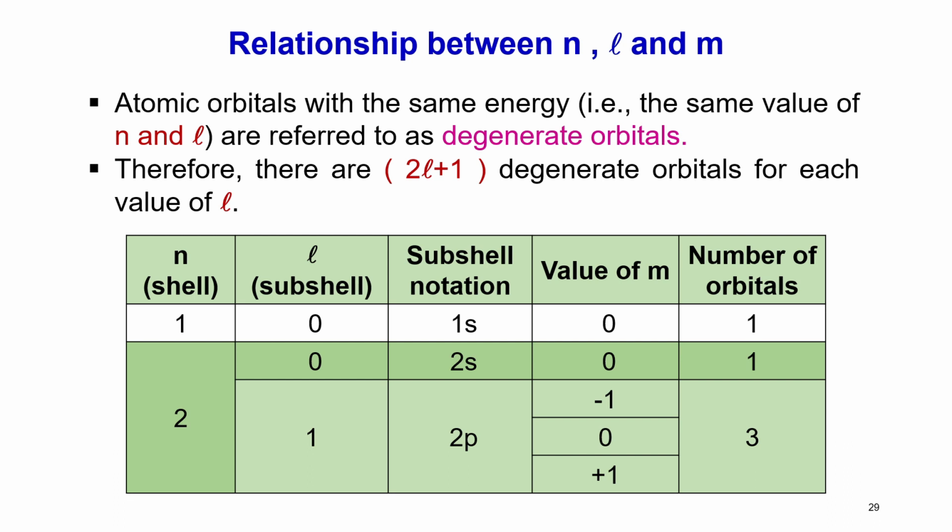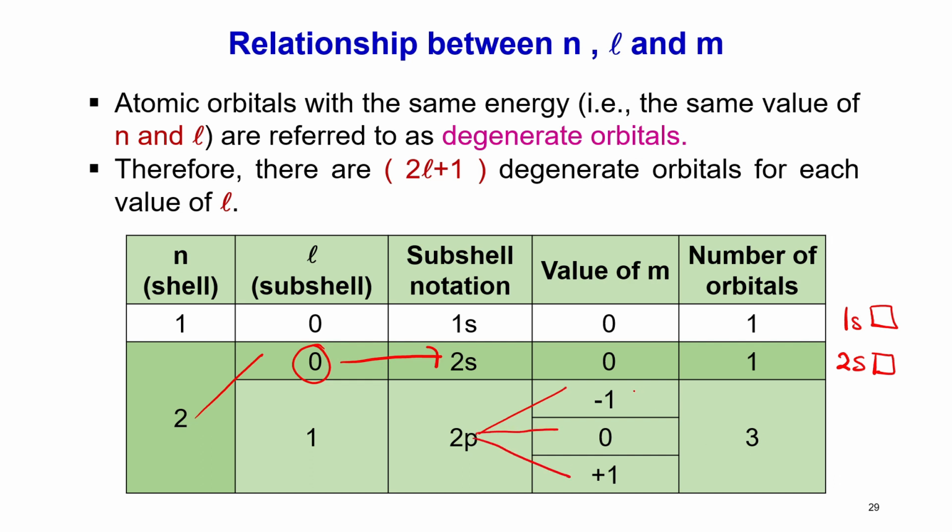If we have n equal to 2, the l value is 0. So if 2,0, it is 2s. For 2s, the value of m is only zero, so there is only one orbital, the 2s orbital. Then if l is 1, it is 2p. 2p has 3 orbitals: this is Px, this is Py, this is Pz.